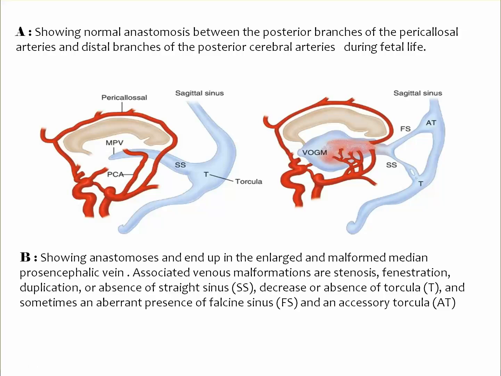At the time of development of this abnormality, the vein of Galen is not yet developed. Then it is not the vein of Galen, it is not an aneurysm, it is an arteriovenous fistula between the perforating arteries and the precursor vein of the vein of Galen.